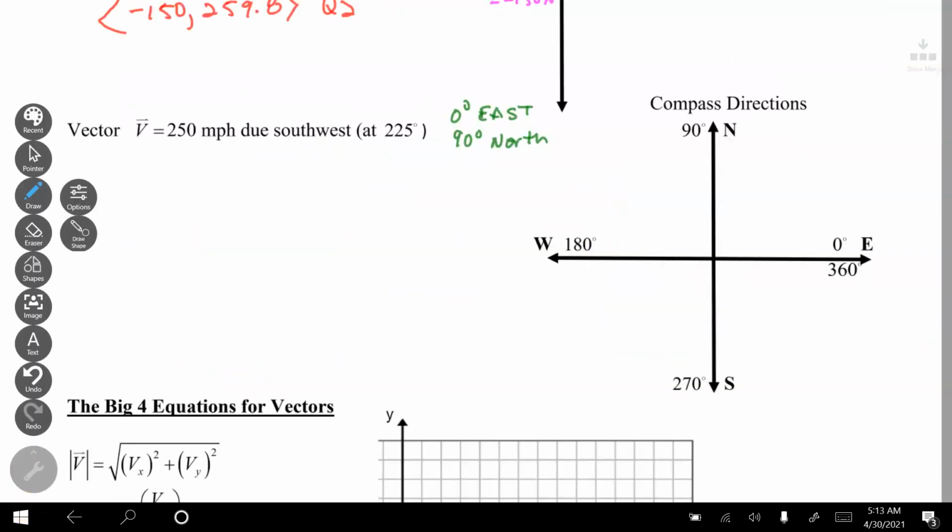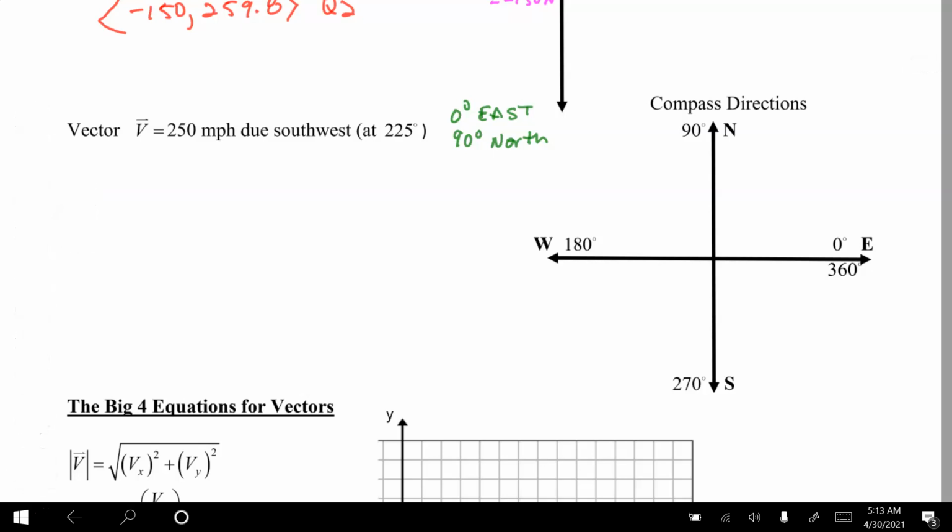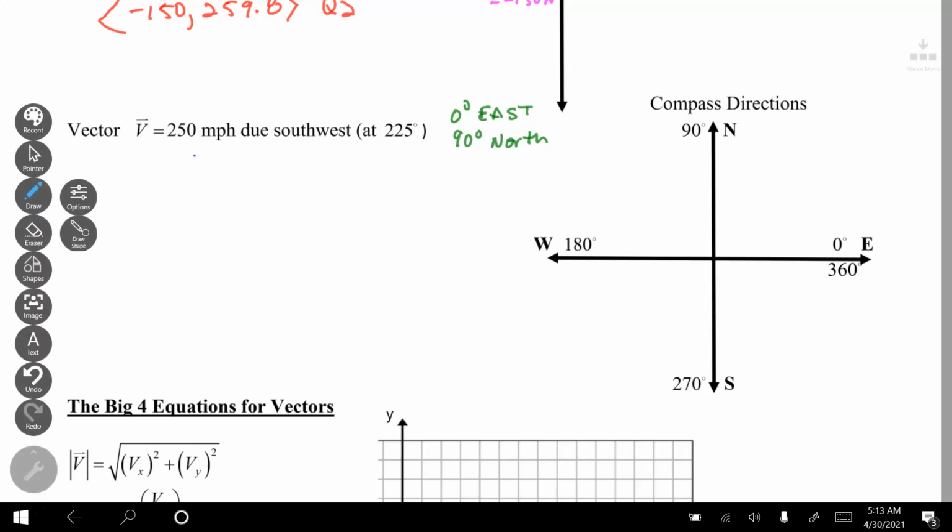So we're going to talk about compass directions. We're going to establish that 0 degrees is due east, which is really the positive x-axis, and 90 degrees is due north, which is the positive y-axis, and so on and so forth. So when I have a vector that's 250 miles per hour at southwest, well, southwest is in between south and west, which is between 180 and 270, which is 225 degrees.